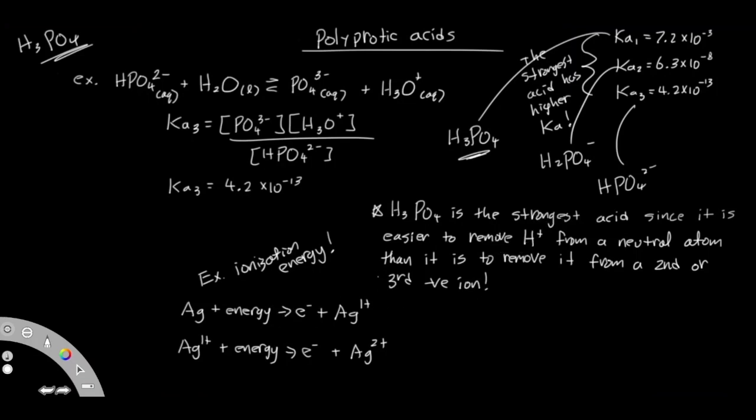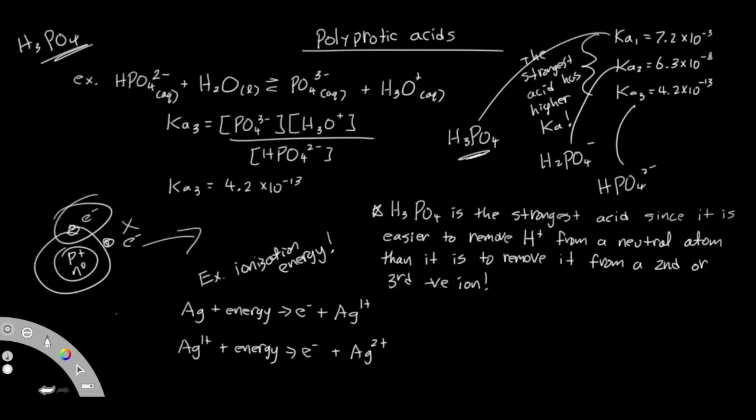Now you should also remember that in our ionization energy, this one over here, because it is neutral, when this electron goes away, there's going to be less electron to electron repulsion. So if you remember from our Bohr diagram, we had protons on the inside, neutrons in the middle, and then of course our electrons on the outside. If you have an electron and it is gotten rid of, so let's say this one here, this is gone now. So all we have is just one electron right now.